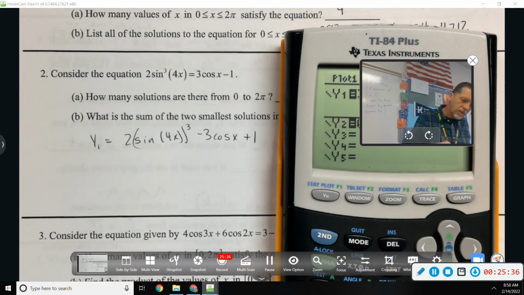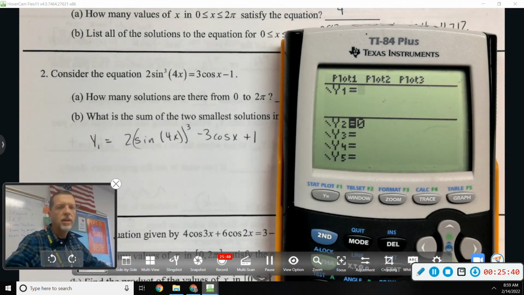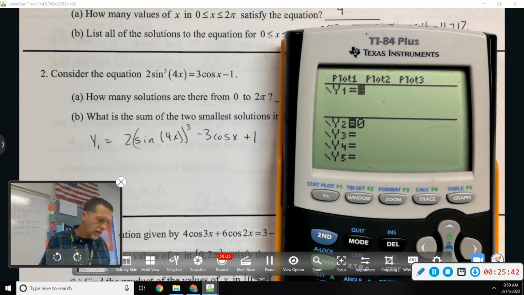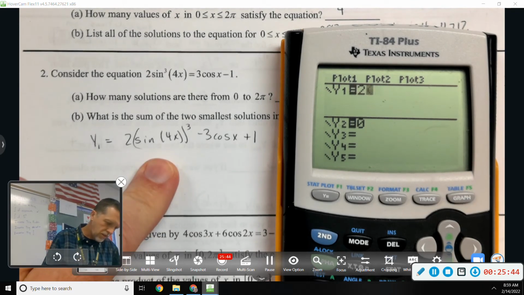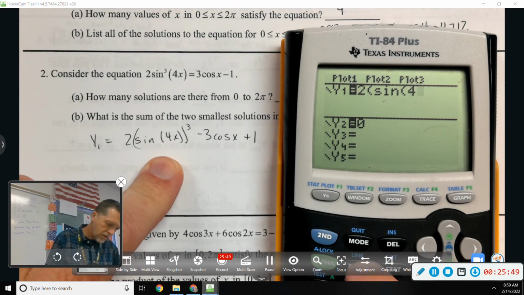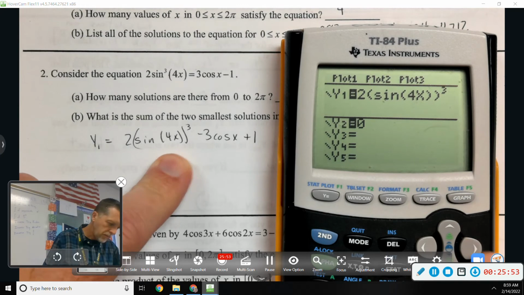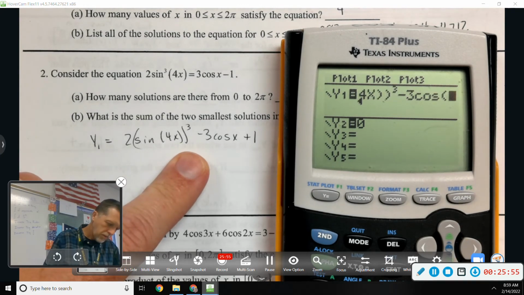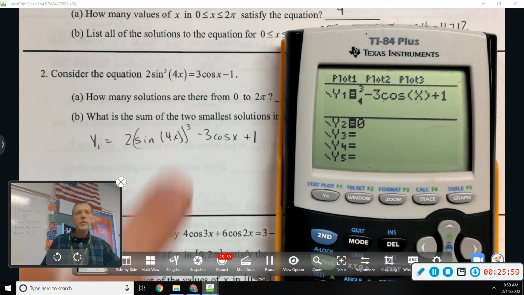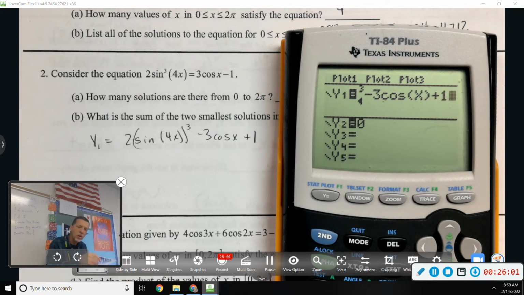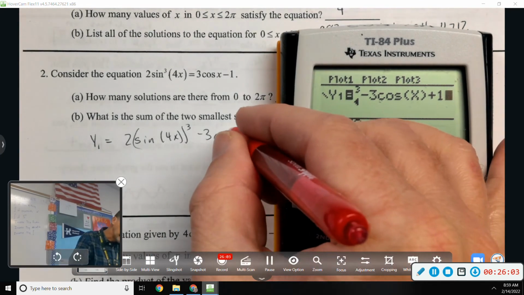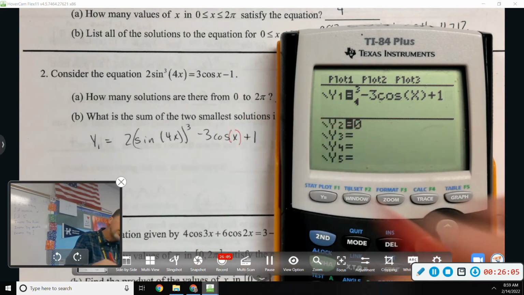And now clear y1 and type in your y1. Careful with the parentheses. Whenever you hit sine or cosine, it automatically opens a parenthesis, so you've got to be careful in the calculator that you close it.